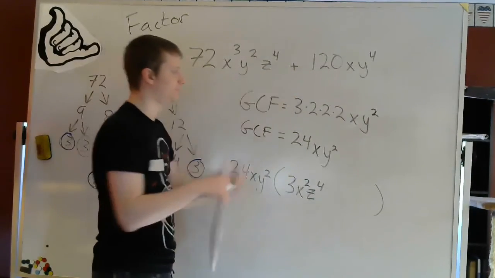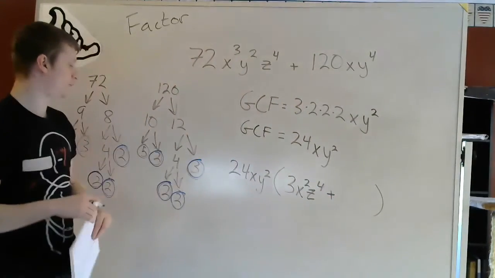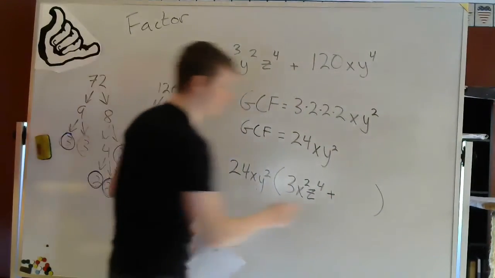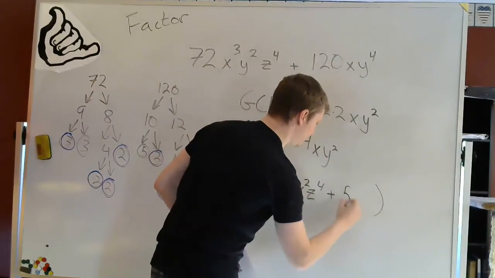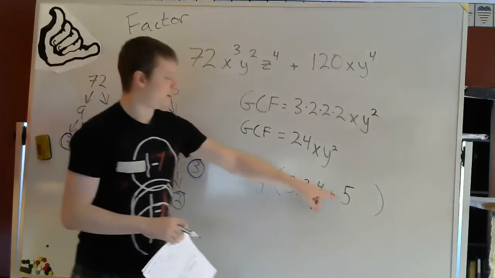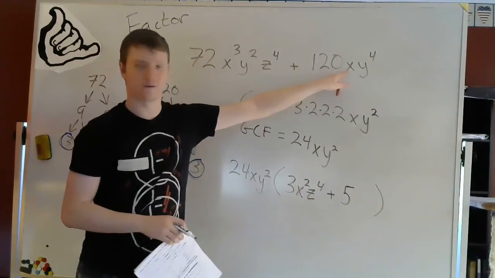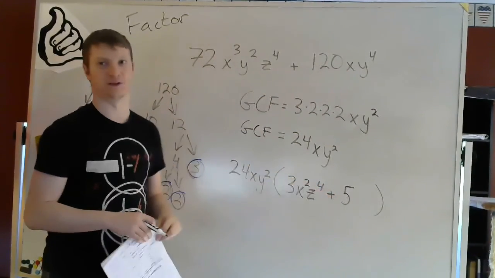Then for my next term, my 120. 120 divided by 24 is 5. So I've got 5, and then I took out an x, but I only had one x over here anyway, so I don't have any x's left on that.